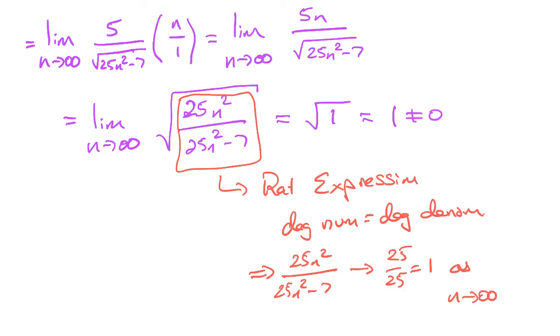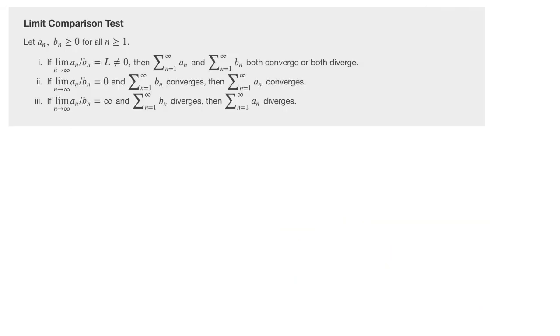Because the ratio converges to some place between 0 and infinity, some finite value, that tells us that the series are really going to behave at the same rate.